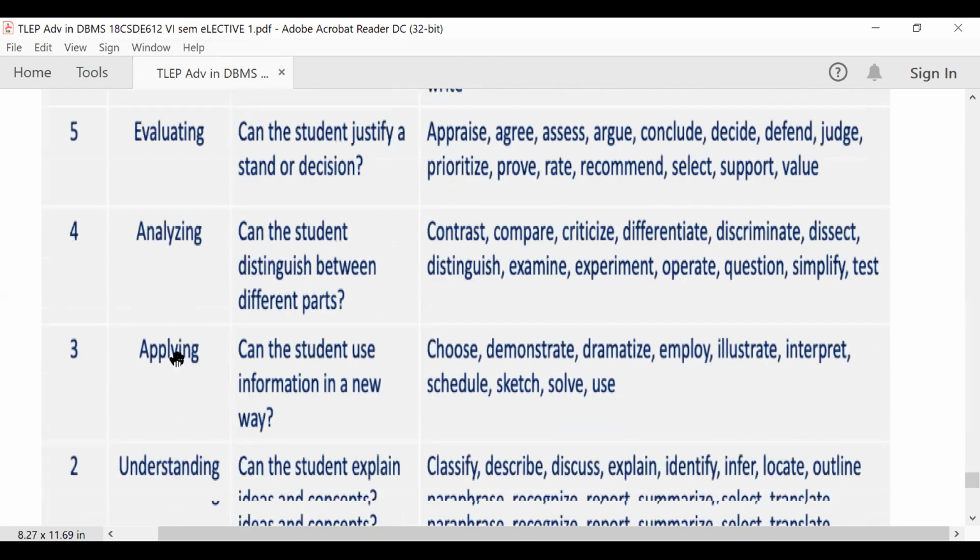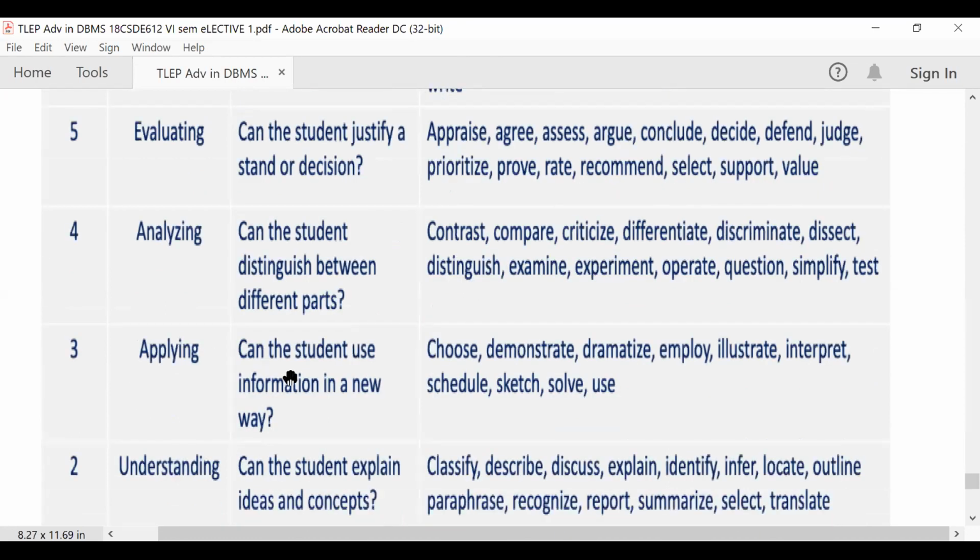If you take level 3, it is the applying level. They will study some theoretical concepts, and the concepts will be applied in a practical way. Say you are studying distributed database management concepts. After studying the concepts, you may be requested to apply the concept to create an ATM system or to create an online reservation system using distributed database management concepts.